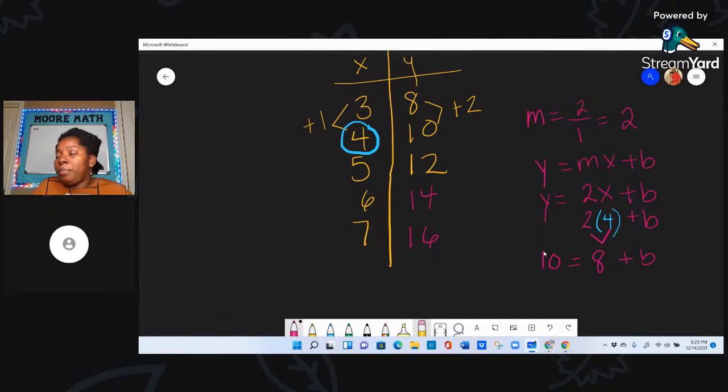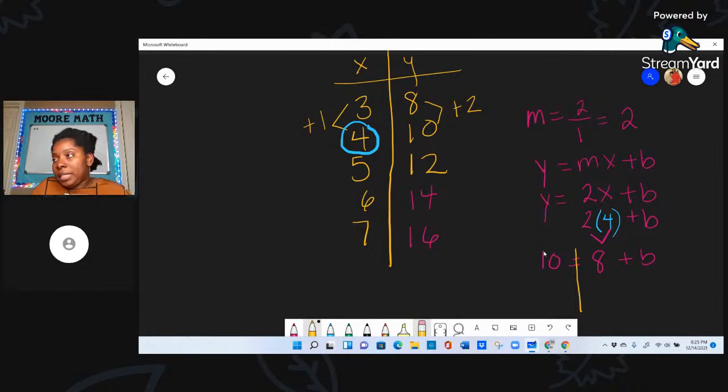Now solve for b. What am I going to do to both sides? This is just a regular equation, right? 8 plus b equals 10.